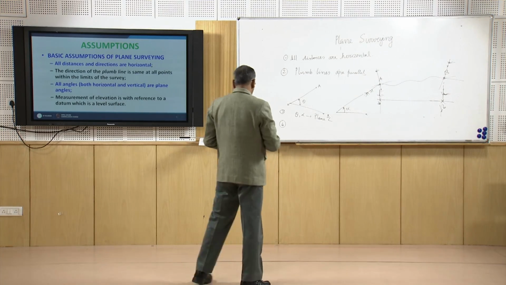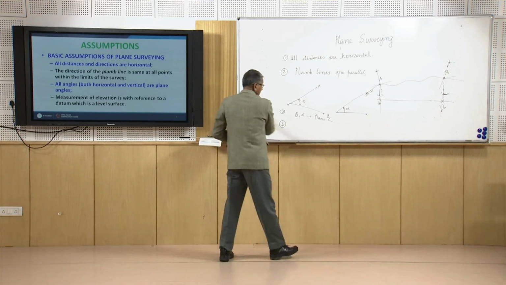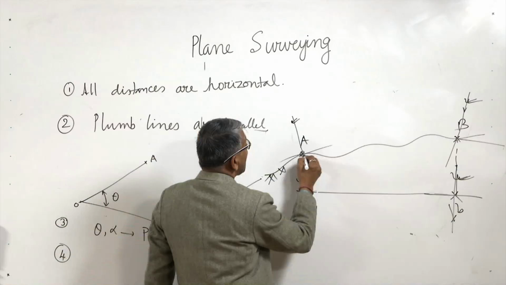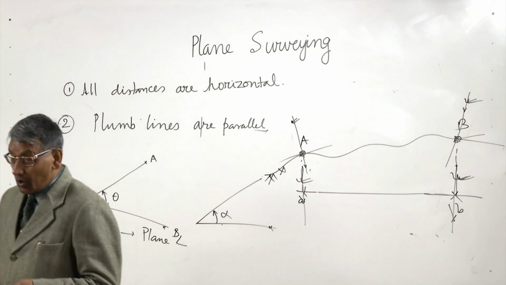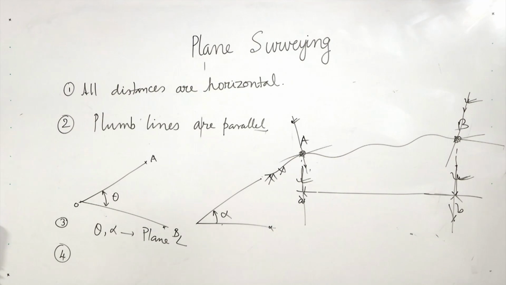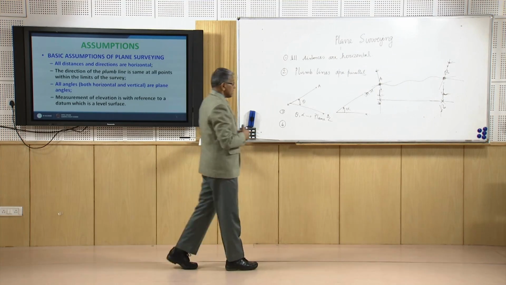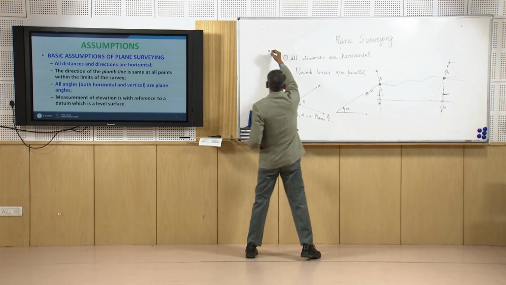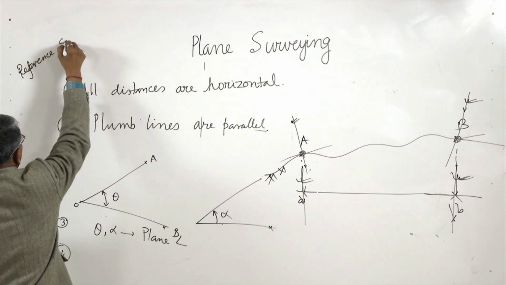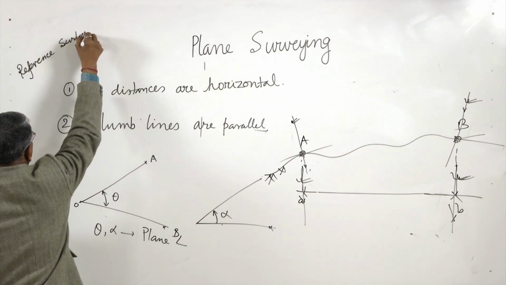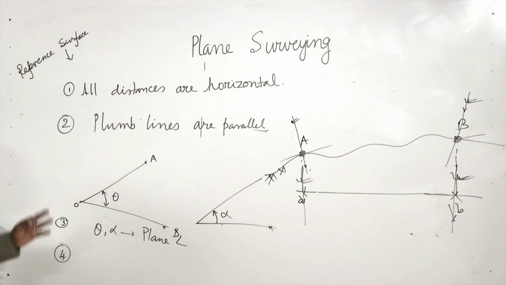And another important thing is that if we want to find out the height of these points, height always means with respect to some reference surface, and in surveying terms this is called datum.